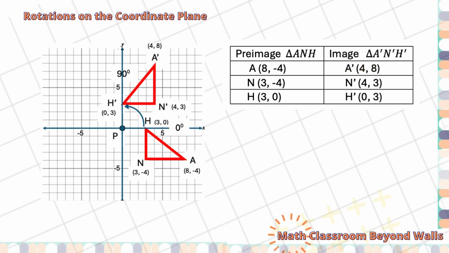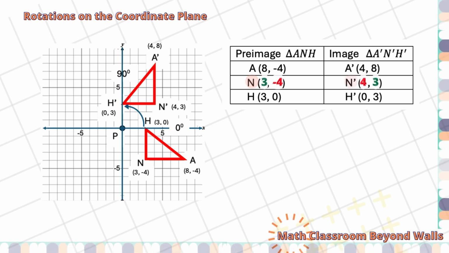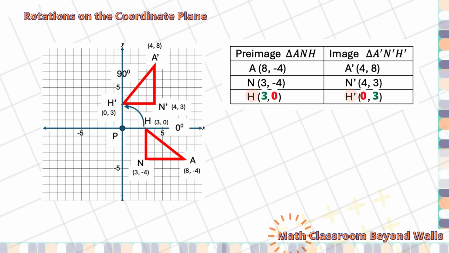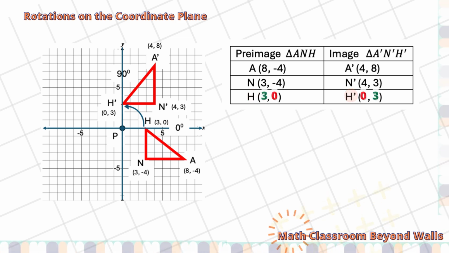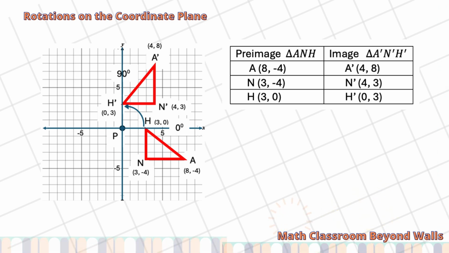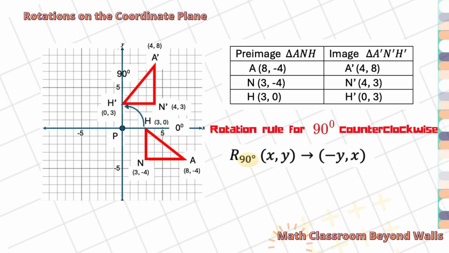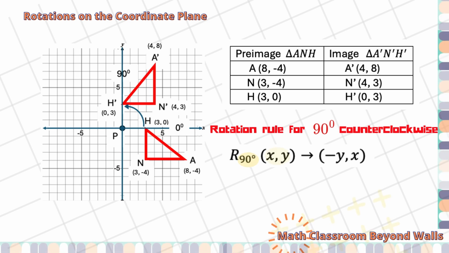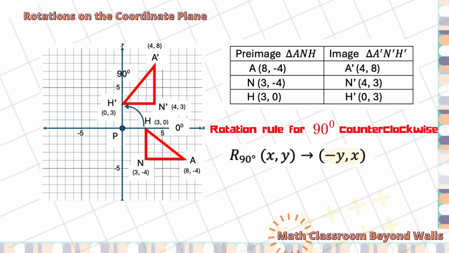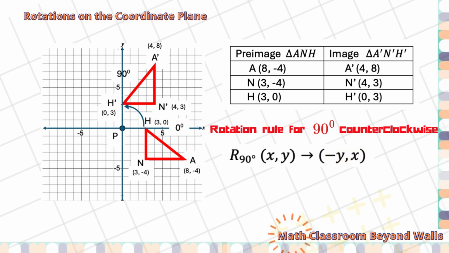These changes are true for all the corresponding points like N and N prime and H and H prime. From these changes, we can write the transformation rule or the rotation rule for 90 degrees counterclockwise as shown. This means that in a 90-degree counterclockwise rotation, point (x, y) on the preimage is transformed to (-y, x) on the image. Were you able to get it, learners?